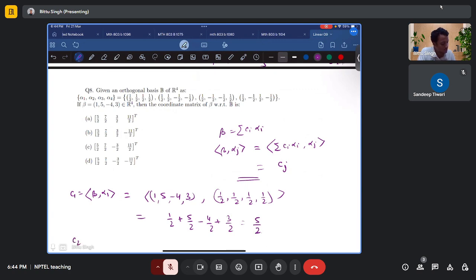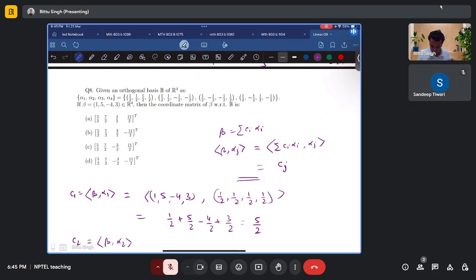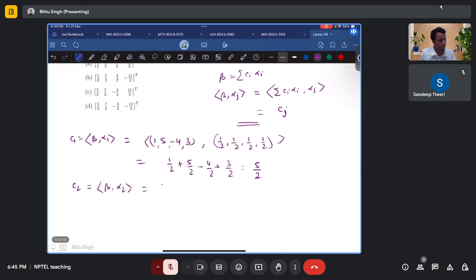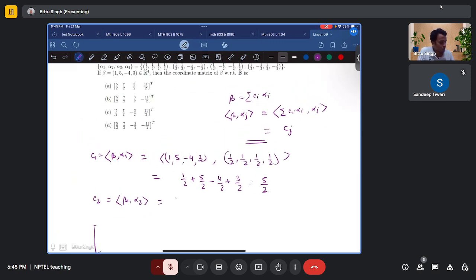Similarly, C2 is beta times alpha 2, this inner product. And if you calculate, this will actually be 7 by 2. So let me put all those things. The coordinates C1, C2, C3, C4 are the coordinates of beta with respect to this basis.